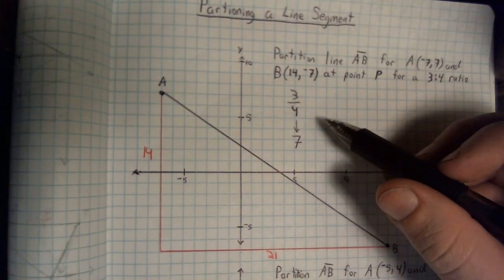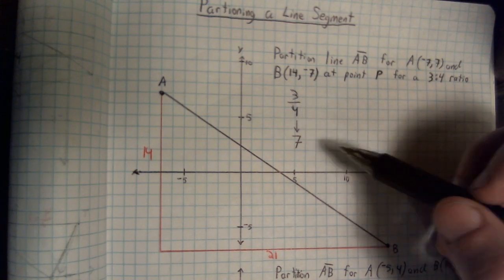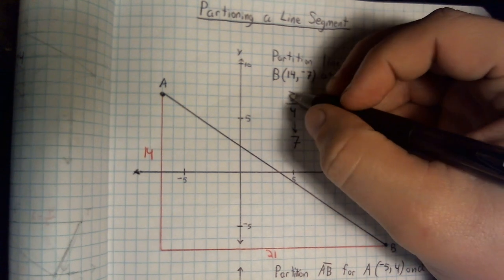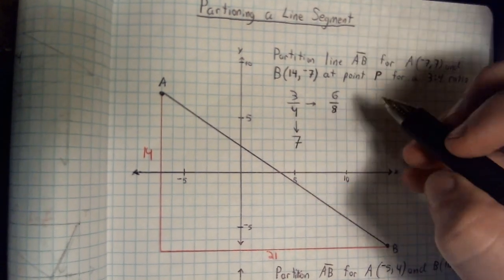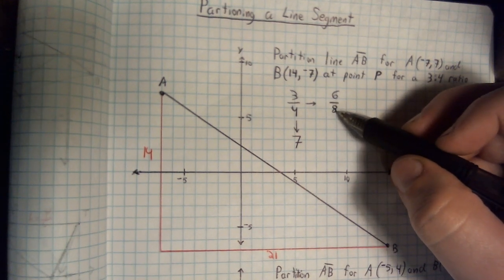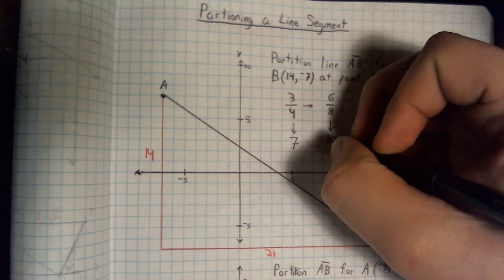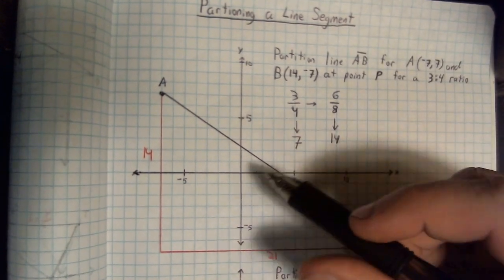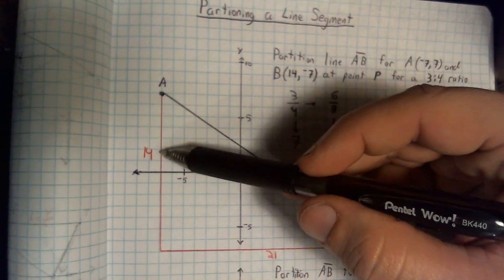Okay? Now, if I was to multiply this with a scale factor of 2, I would end up getting 6 to 8 units. For every 6, I get 8 on the other side. That gives me a total of 14. That 14 is actually coming into play because I can count these units.